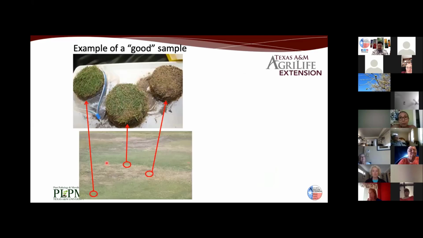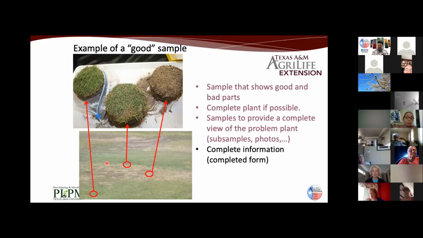Now, in terms of a good sample, I'm going to point out turf, because this is a nice visual here. This person sent in 3 cups of turf grass sample.